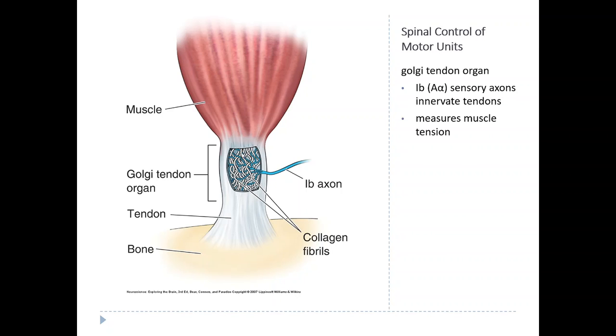But they're activated when there's tension in this Golgi tendon organ. So when there's tension in the tendon, the collagen fibrils kind of squeeze this axon. That triggers the mechanically gated ion channels in the axon, and that causes an action potential to go back to the spinal cord. So that's the job of these axons, is to detect tension in the muscle, or at least tension in the tendon, which presumably is caused by tension in the muscle.